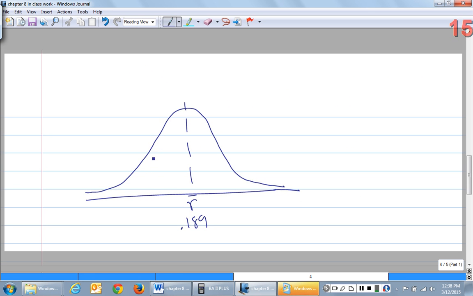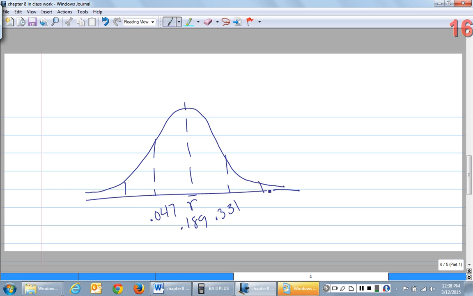We know that 68% of values lie within 1 standard deviation of the mean, which we calculated. So we have 0.047 and 0.331. We can continue this out.